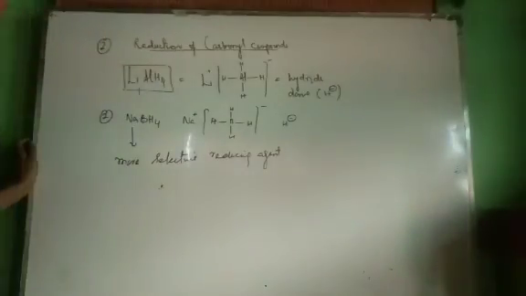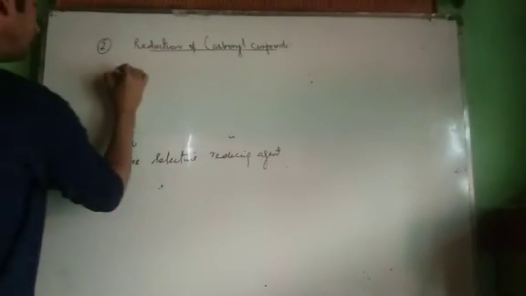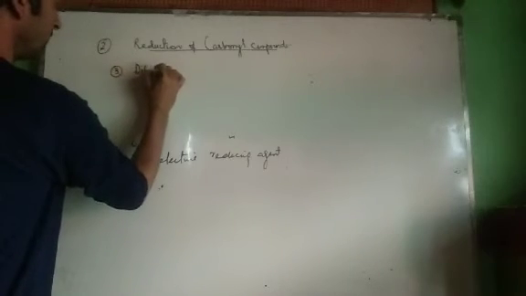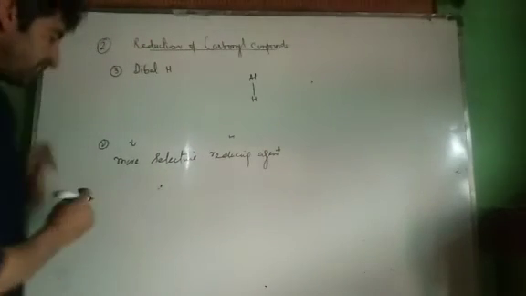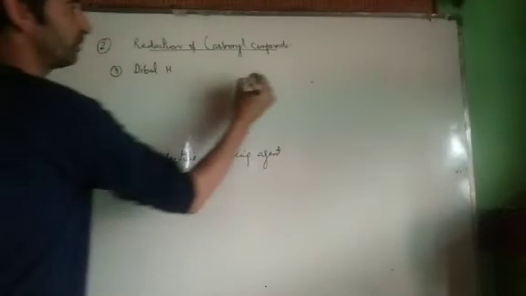One more type of reducing agent that we will need here is DIBAL-H. Number third is DIBAL-H. Now what is DIBAL-H? It is diisopropyl aluminum hydride. That's why I asked you to remember the structure of the isopropyl group.